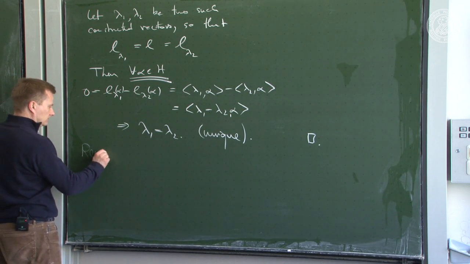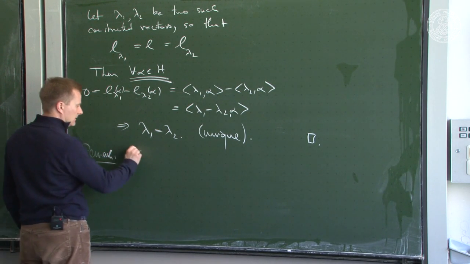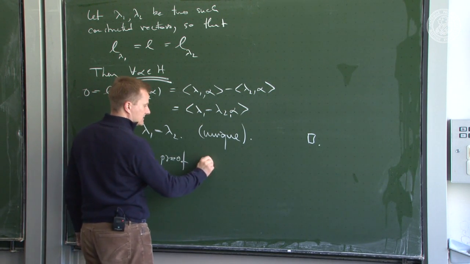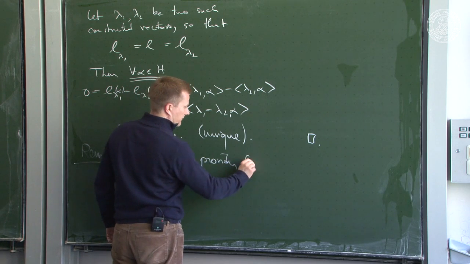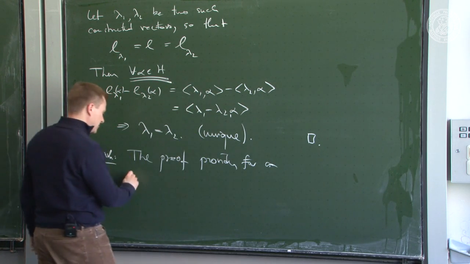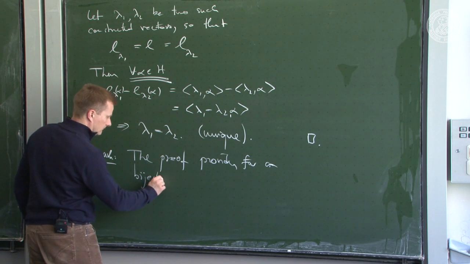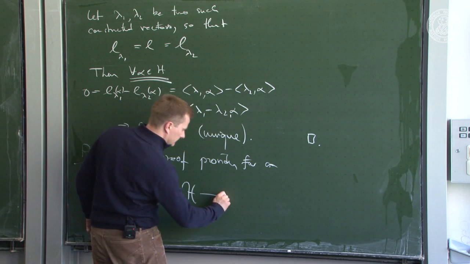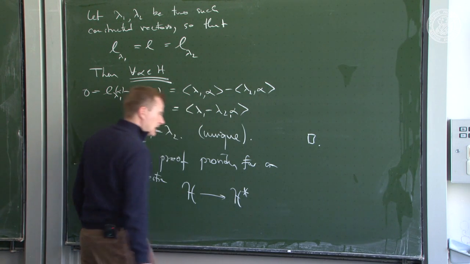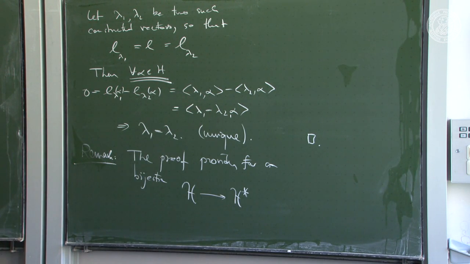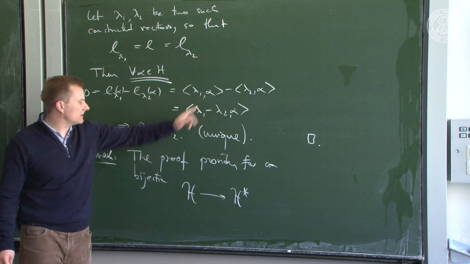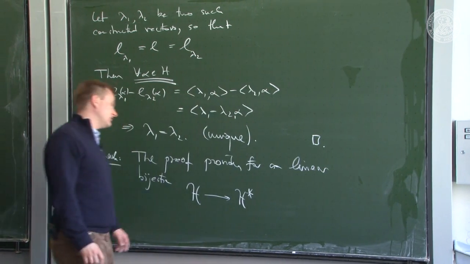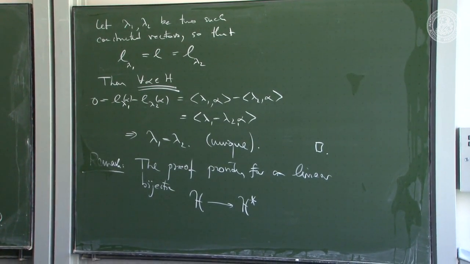Remark. The proof provides for a bijection from H to H star, and because of the construction here, it provides for a linear bijection from H to H star.